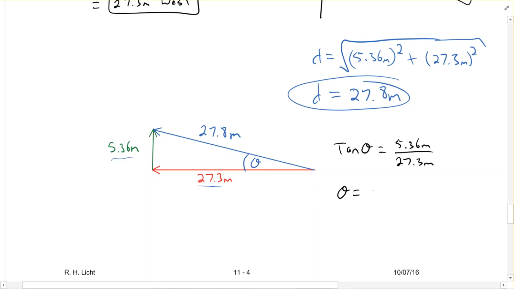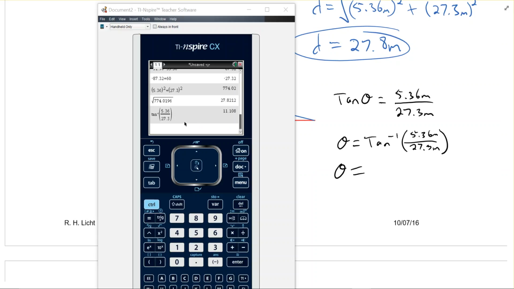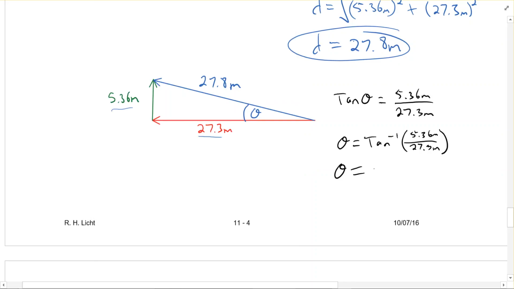So theta is equal to the inverse tan of that, which ends up being 11.1, or just 11 degrees.